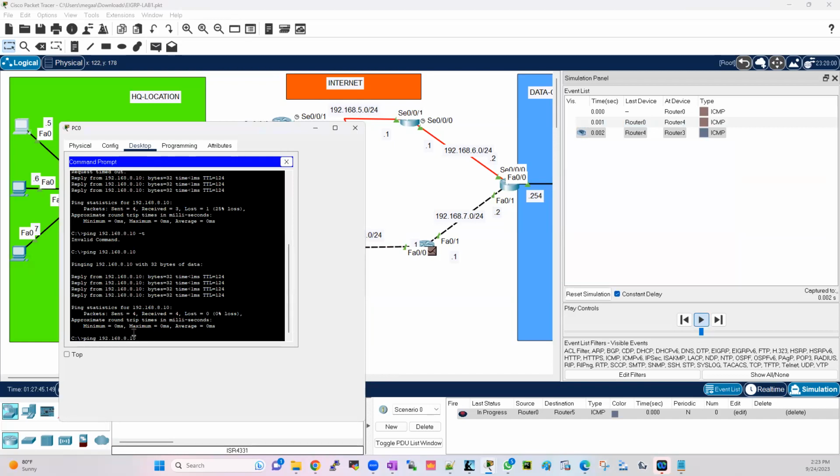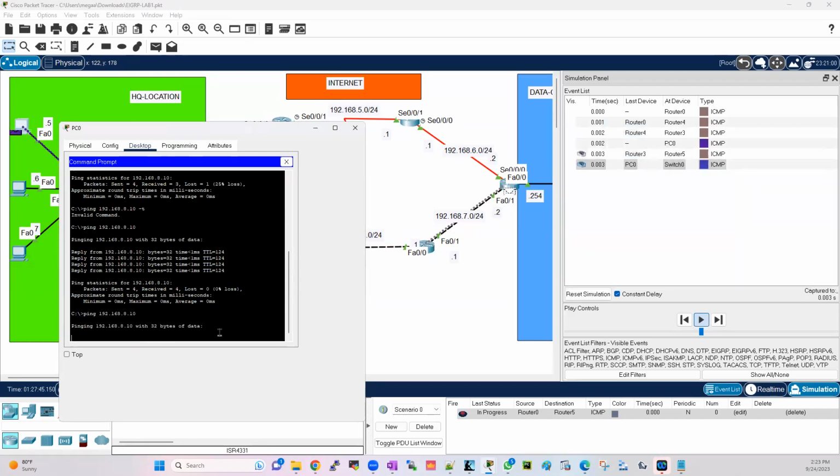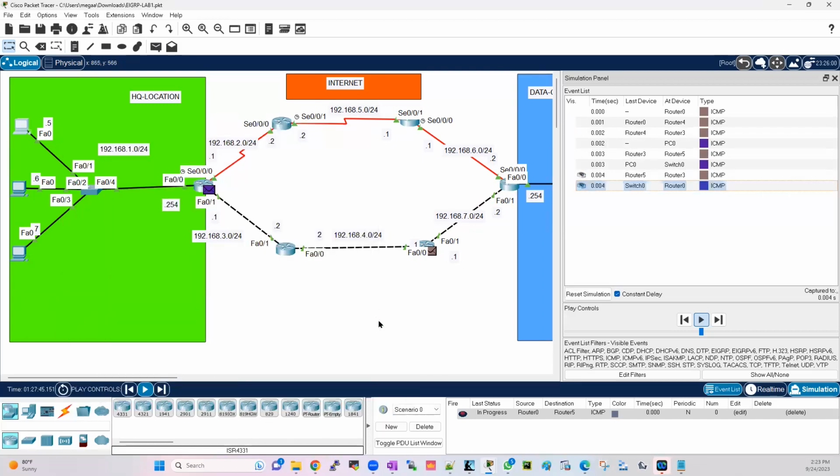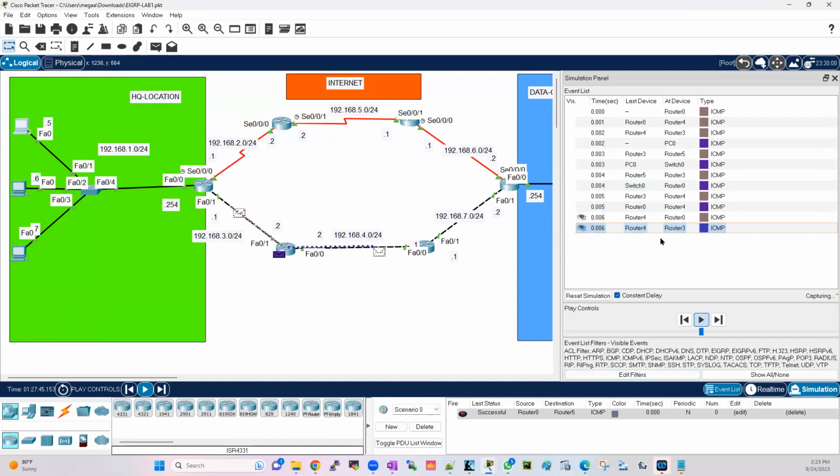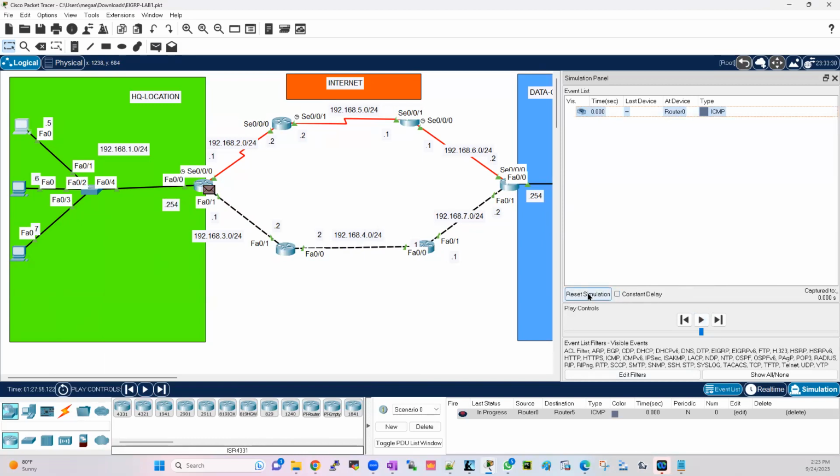Okay, let me ping it again. I'm pinging from that route, from the window to the server. Okay, let me uncheck this constant delay.